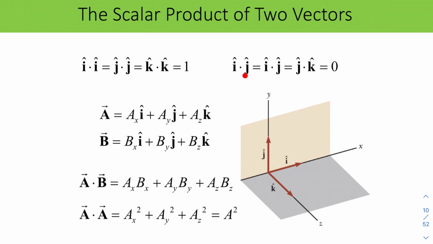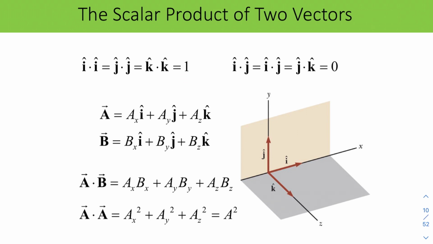But I dot J, J dot I or J dot K are equivalent to 0, with no value. The only ones that give a value are I dot I, J dot J or K dot K, equal to 1.